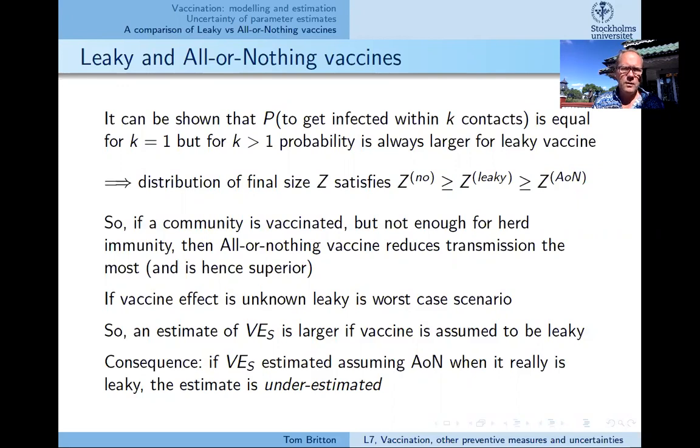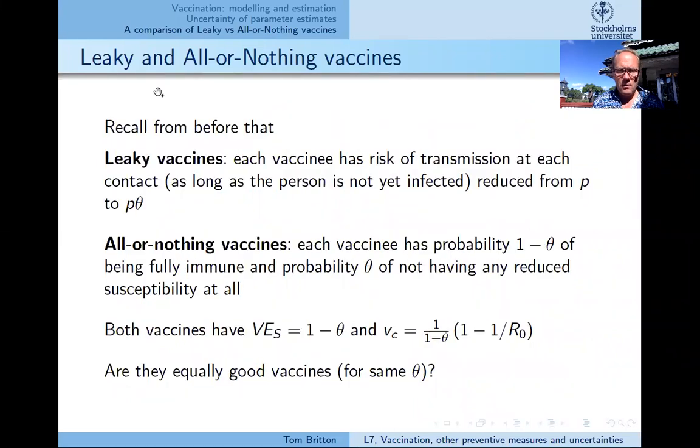It could be in two different ways, or probably most often somewhere in between. One is called the leaky vaccine, and the other one is called an all or nothing vaccine.